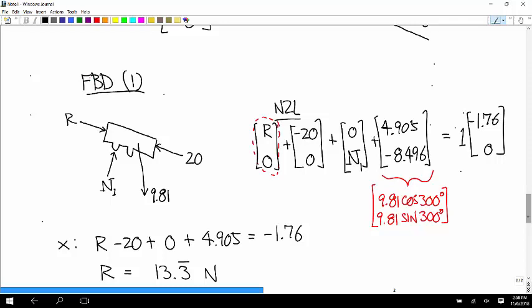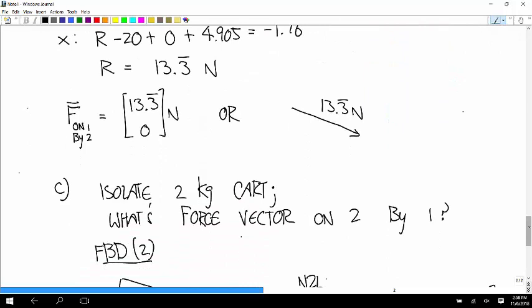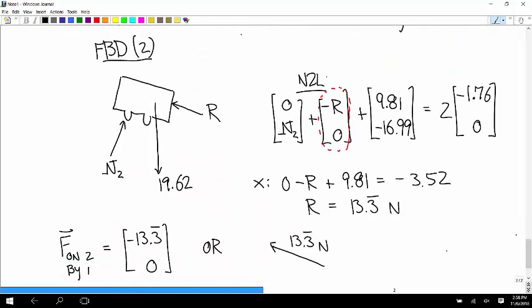But now when we isolate the 2 kilogram cart, we know intuitively that that 20 Newton force is important for how this contact force works. But our free body diagram for the 2 kilogram doesn't even look like it knows that that 20 Newton force is there. So how is it? It's like magic. How do the equations for the 2 kilogram part know about that 20 Newton force? Like how can it be the same if this one doesn't have it in there?